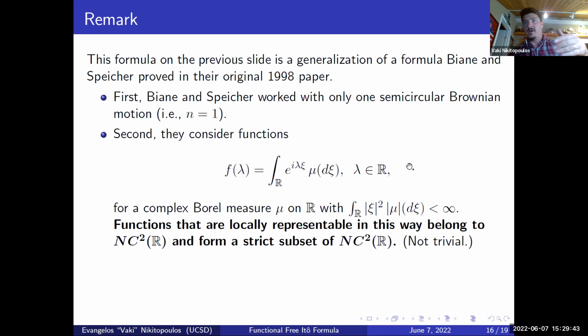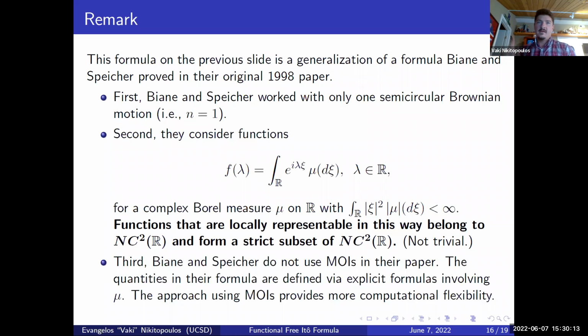Part of the results that I proved are that functions of this form, and even more generally, functions that are on each compact interval representable as a Fourier transform of a complex measure with two finite moments, are non-commutative C² functions, so they lie in this class. But they are a strict subset of NC², and that's not trivial. You have to construct a counterexample, but that can be done.